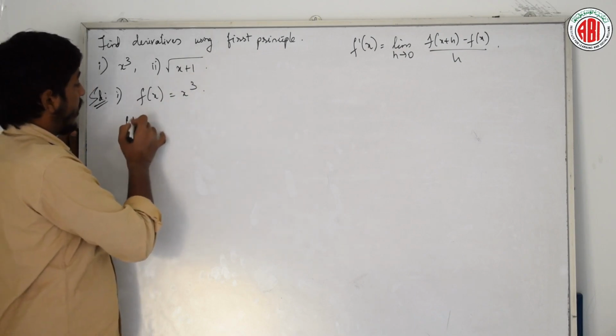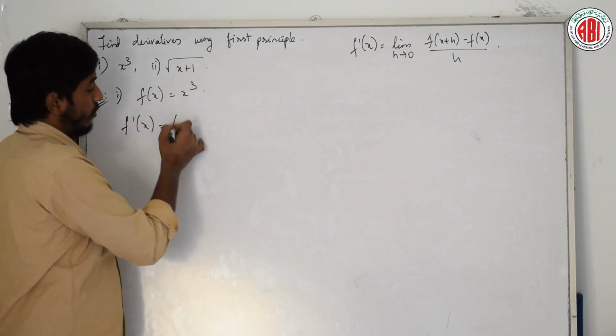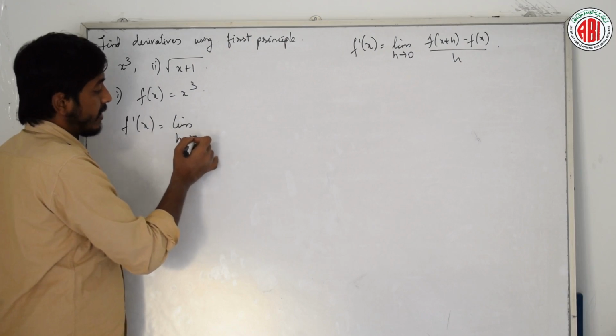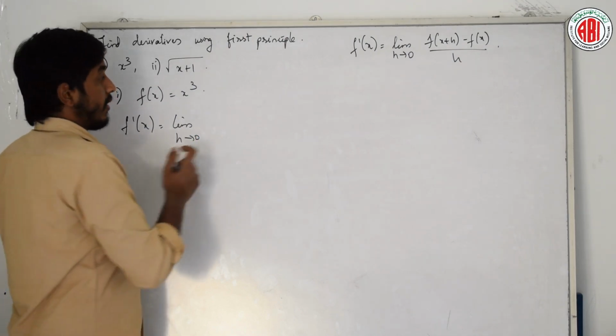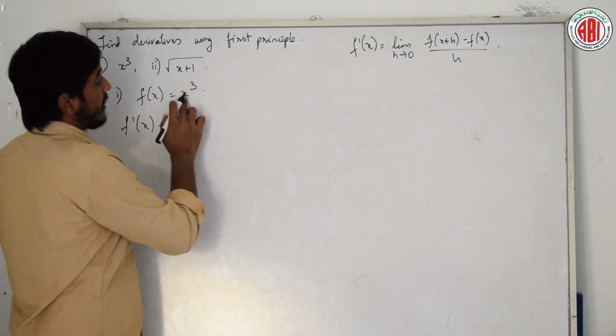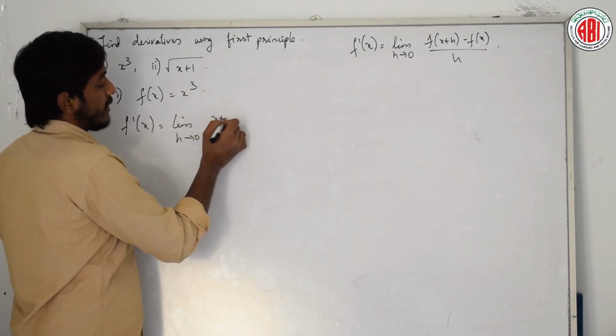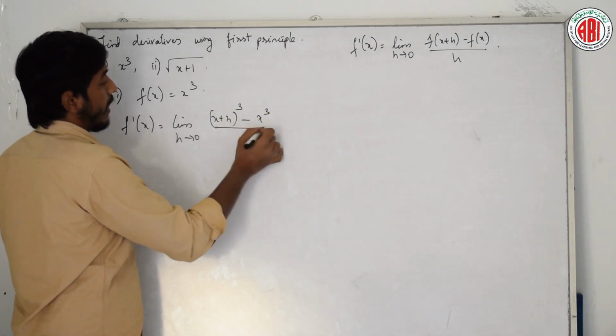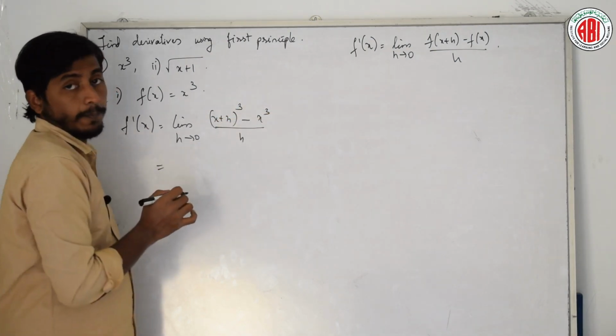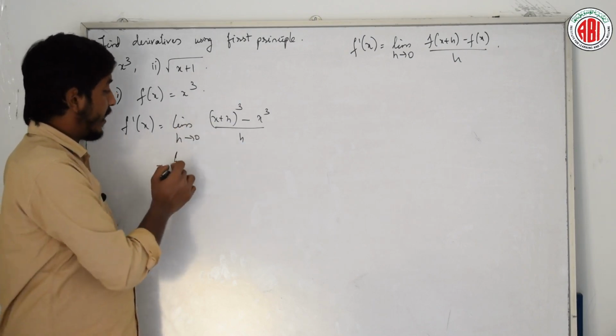That is f dash x is equal to limit h tends to 0. Don't worry about h. H has to be removed. Okay, that is f of x plus h, what is it? x plus h whole cube minus x cube by h. Is it fine? Just simplify it.